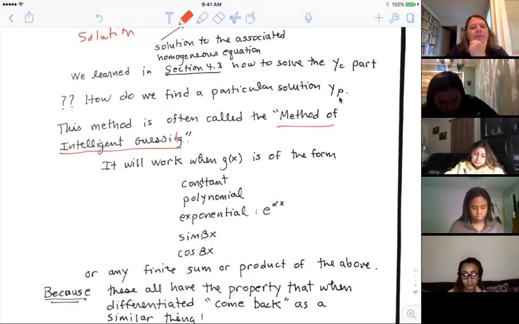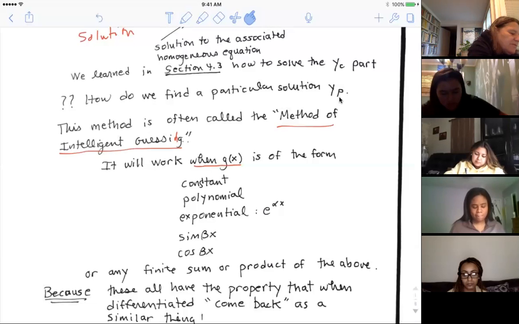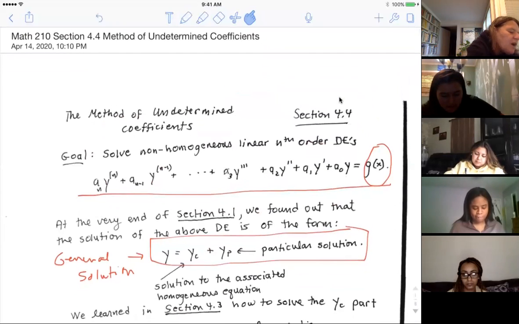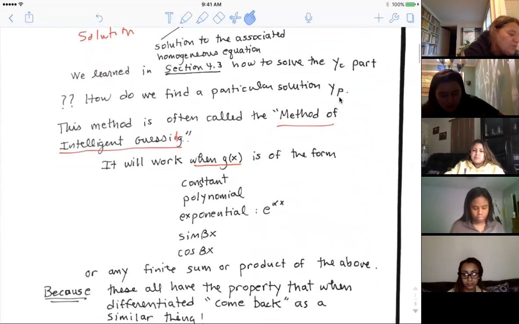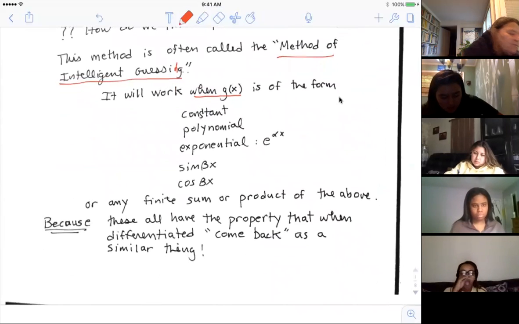So based on the g of x that we have, this method is called the method of undetermined coefficients. It works when the functions for g of x, on the right-hand side of the DE, look like this.